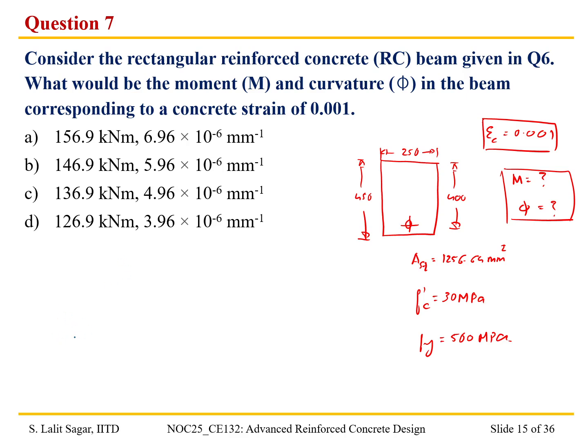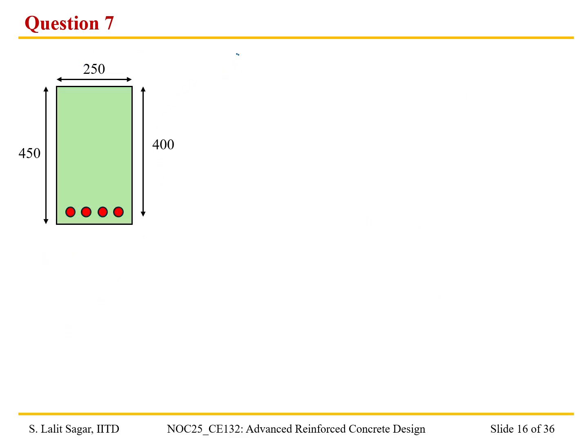The short algorithm that we're going to follow is that first we have the known value of epsilon c, or if you're developing the moment curvature relation outside this question, you're going to take a value of epsilon c, starting from a small value.